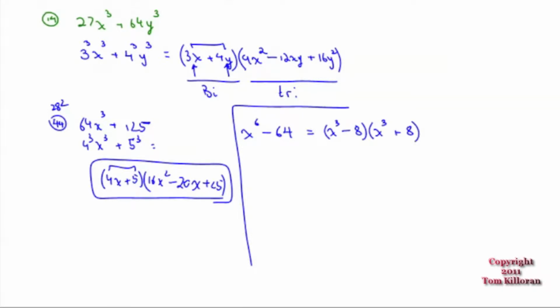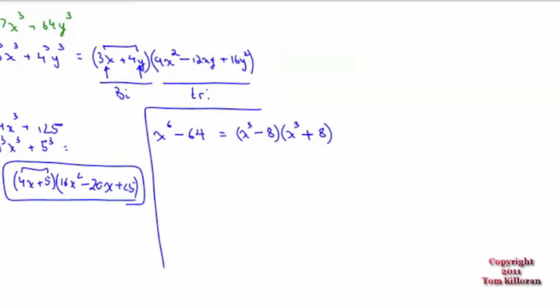I made a horrible problem. Am I done? No. So, these are differences of perfect cubes. How do I rewrite x cubed minus 8? Well, that's x cubed minus 2 cubed. So the first one is going to become x minus 2 times, no, that's different squared.